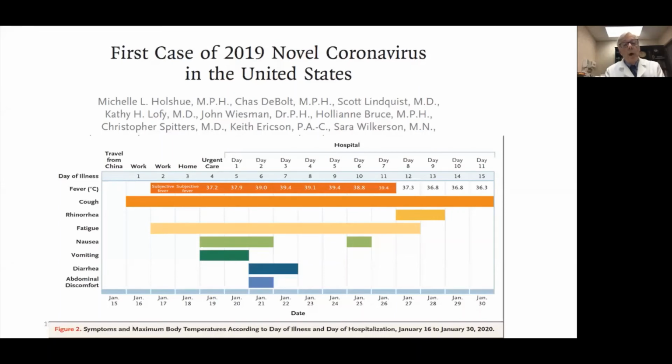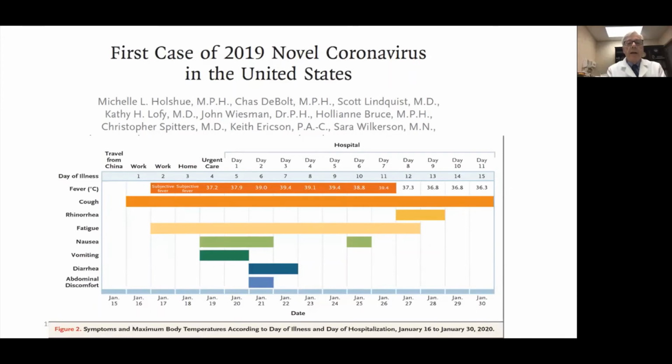This person was treated with one of those investigational drugs that Angelo mentioned, remdesivir, and he eventually improved and was able to be discharged. I am particularly interested in this case because the infectious disease physician who cared for this patient contacted me on the day of admission, on January 21 of this year, informing me that he had admitted the first patient, at least, who was documented in the United States.